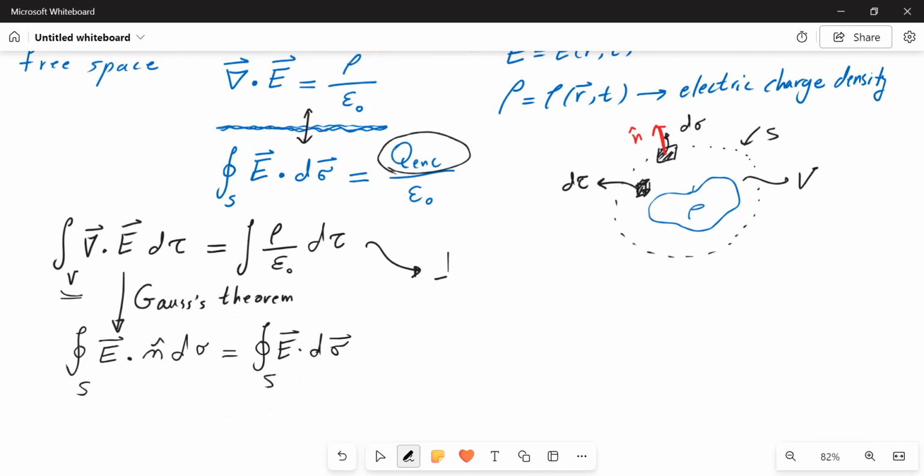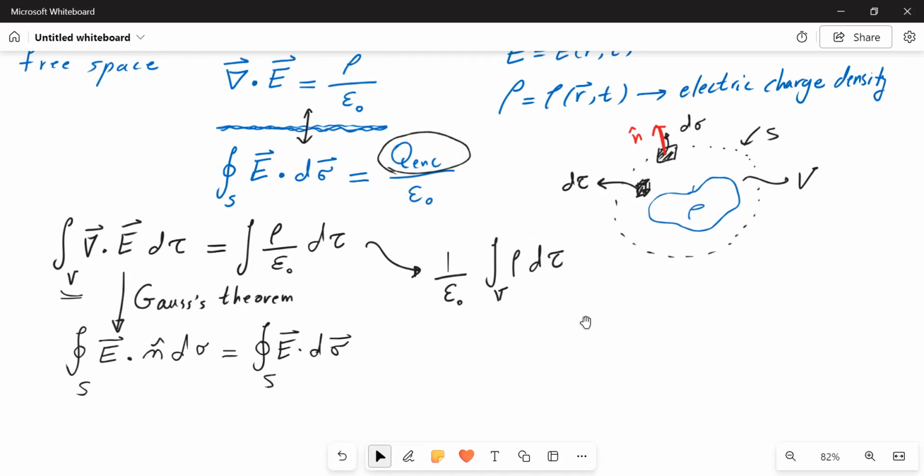Now, on the other hand, the right-hand side of this equation can be worked out. I know that the permittivity of free space is a constant, so I can bring it outside the integral and look into the volume integral of my charge density. So the volume integral over some region in space of the charge density would give me nothing but the total charge enclosed within that volume.